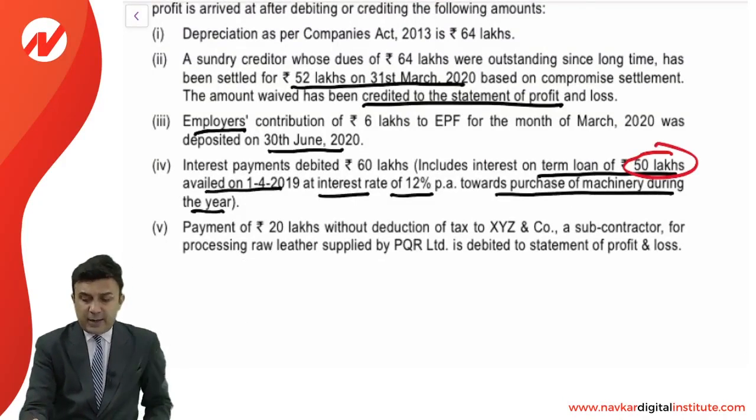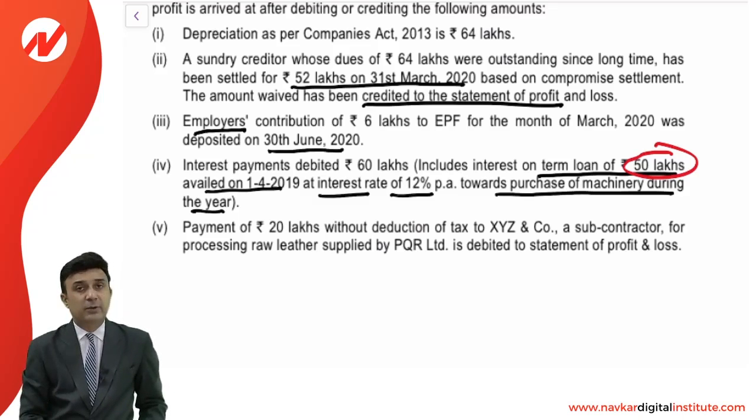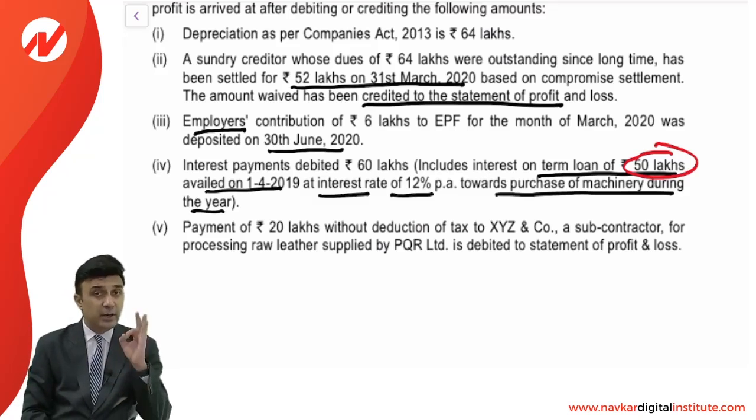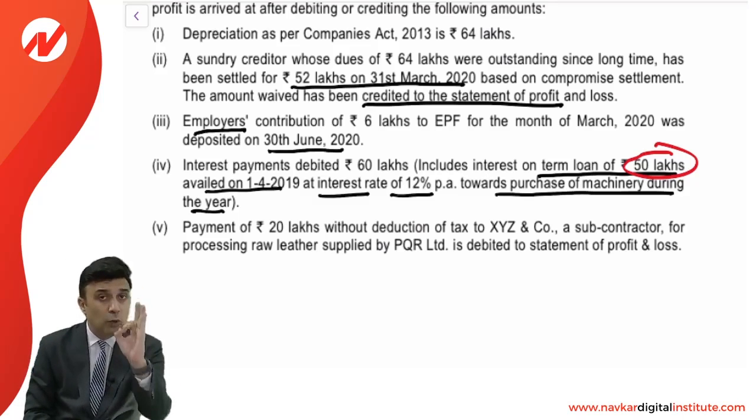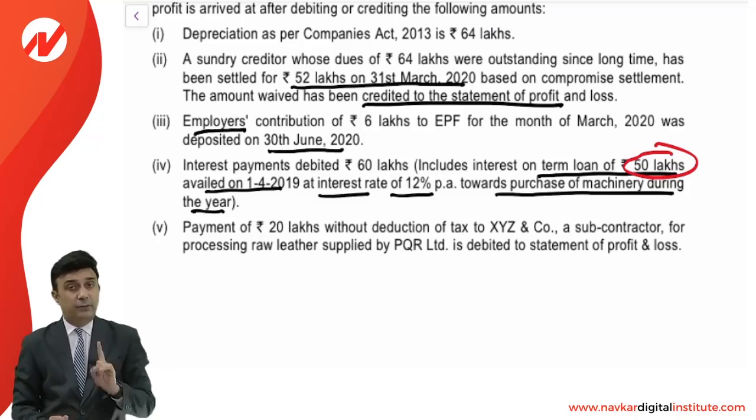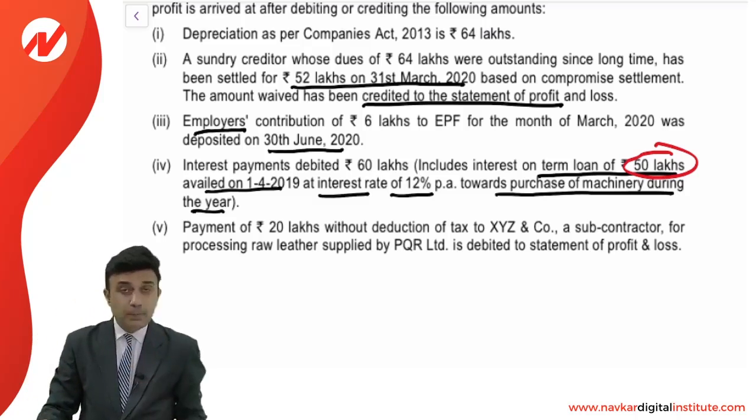On this 50 lakh, you have got 12%, 6 lakhs. For the full year, that is 12 months, your interest deductible will be only and only for 5 months.